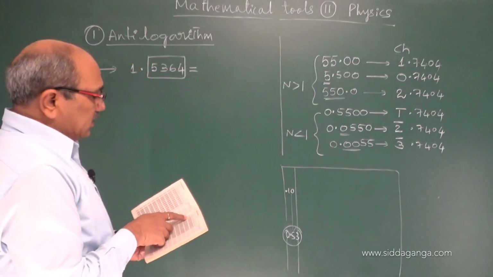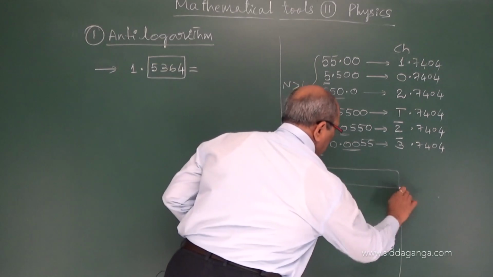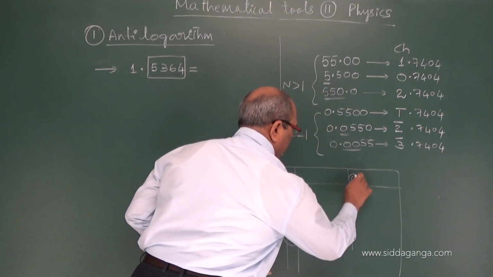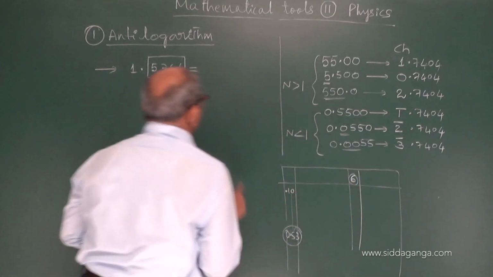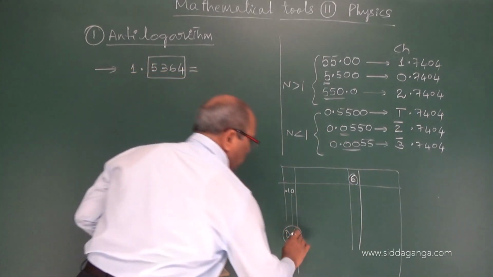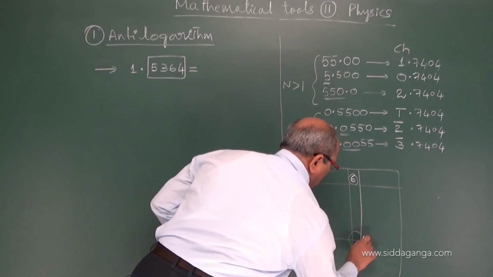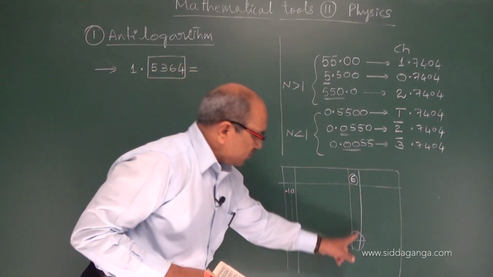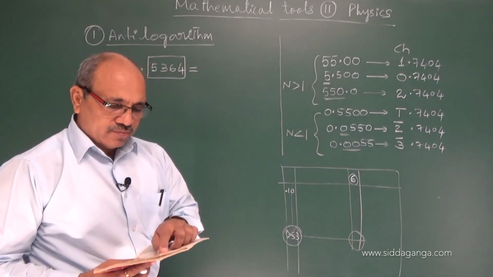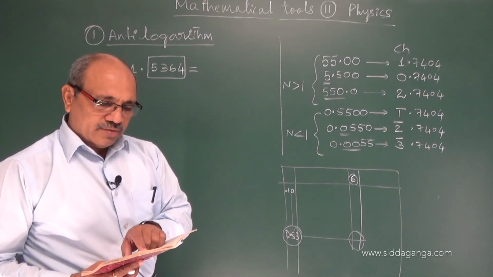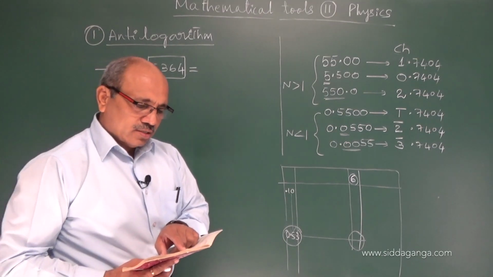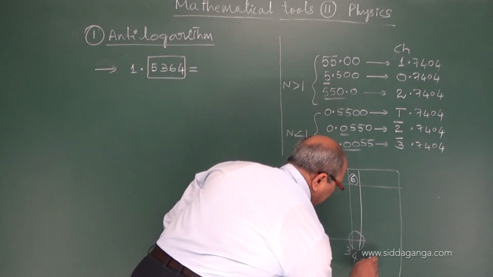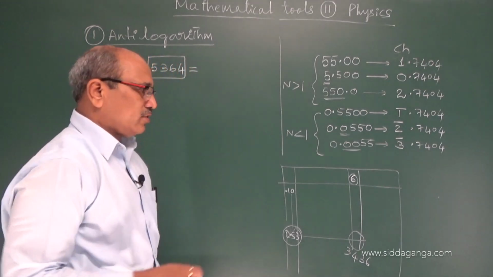After getting 53, move along that row to the column where you get 6, because we want 6 here, the third digit. Come vertically down from the 6th column. For 53, the value is 3436.